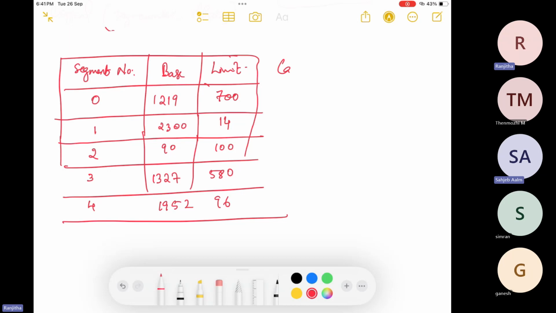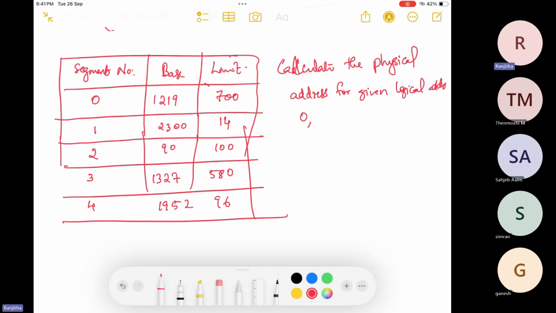So let's first calculate the physical address for the following logical addresses. Physical address for the given logical addresses.